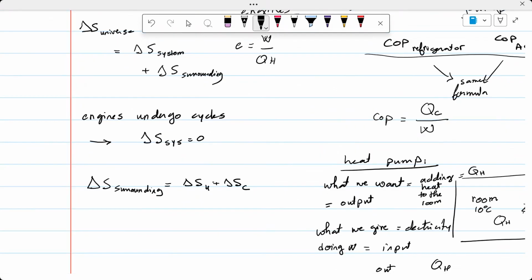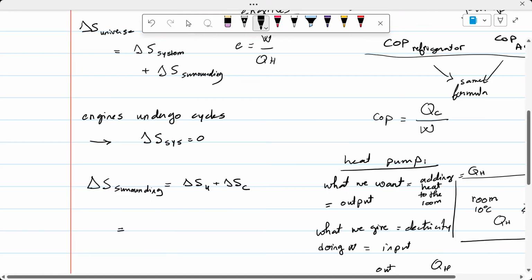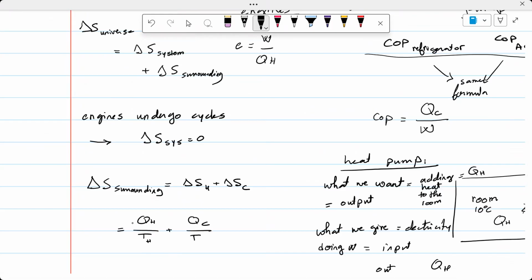So I will assume the change in entropy is just due to the hot and cold reservoirs. Nothing else is going to the surrounding other than these two. What these two are doing is the surrounding effect only. So, okay, I will write these as QH over TH plus QC over TC. Do you all agree?